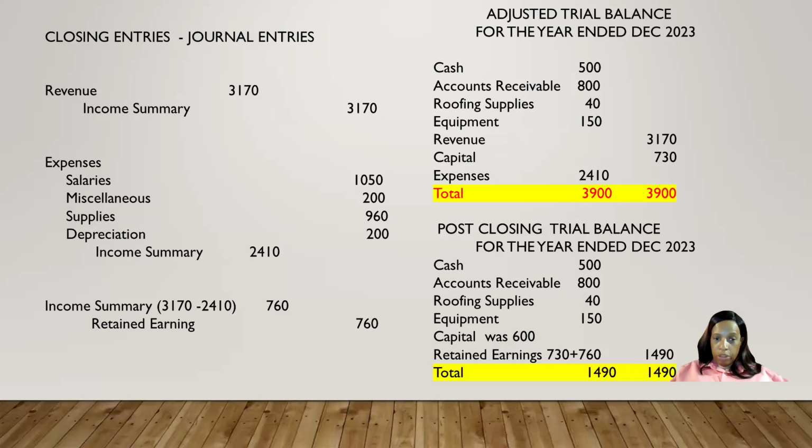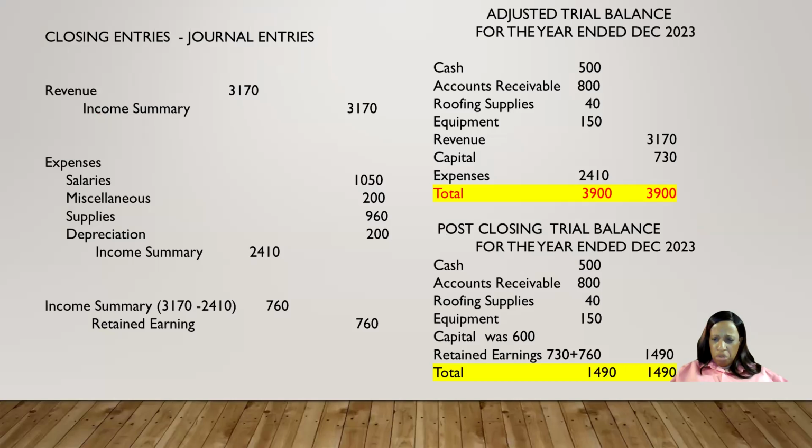When we close them out, notice that cash stays the same, accounts receivable stays the same, roofing supplies stays the same, equipment stays the same. Revenue disappears, expenses disappear. And the difference of the revenue minus the expenses is what's closing out to our retained earnings.